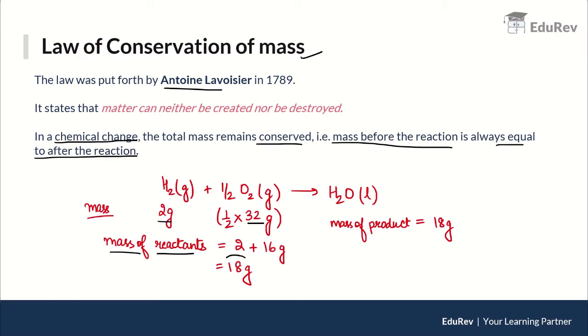The mass of product, that is water formed, comes out to be 18 grams. As you can see, the mass before the reaction, which is the mass of reactants, is equal to the mass after the reaction, which is the mass of product. So this satisfies our law of conservation of mass.